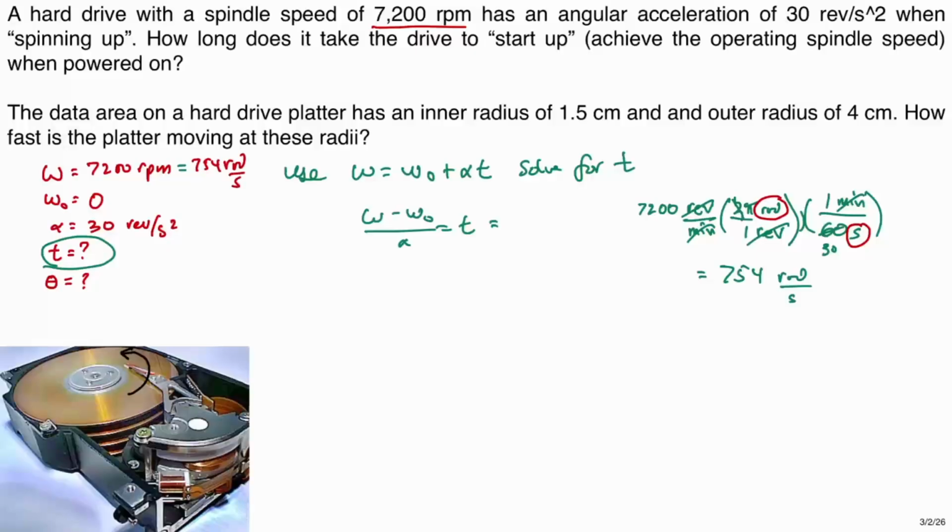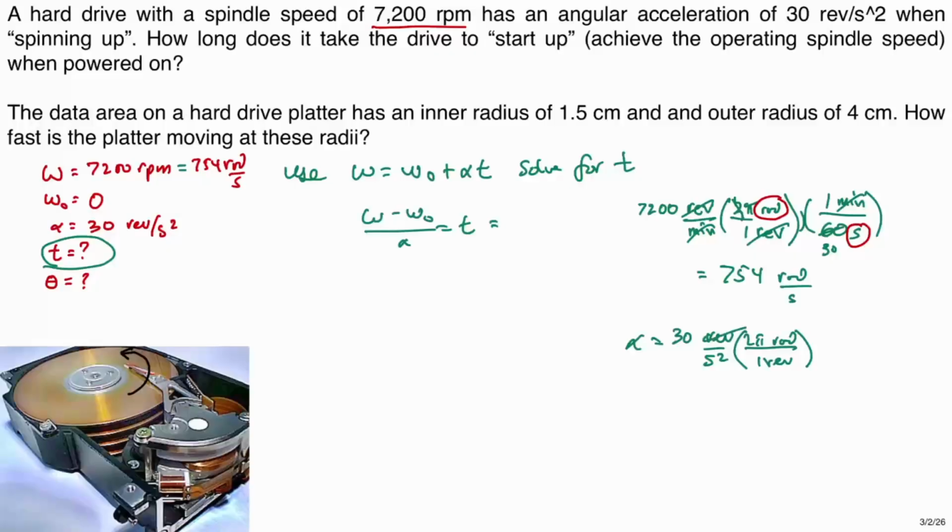And then the other one, the alpha, I've got to convert over, right, is 30 revolutions per second squared. Okay, which of those two things do I need to fix? The revolutions, right? The second squared is okay. I just need this in radians per second squared. So 1 revolution, 2 pi radians.